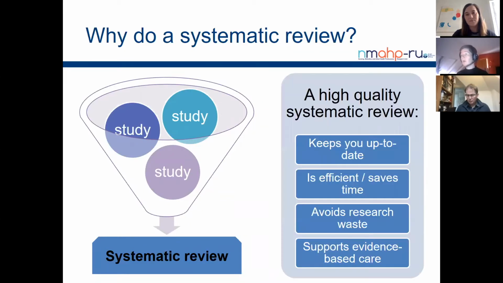A high quality systematic review has a number of advantages. It will keep you up to date and save you time. It means we haven't got multiple people reading the same multiple studies, and in that way, it will also avoid research waste. It will comprehensively find all the studies, so you're not missing something when you're looking for evidence. In this way, it really should support the delivery of evidence-based healthcare.